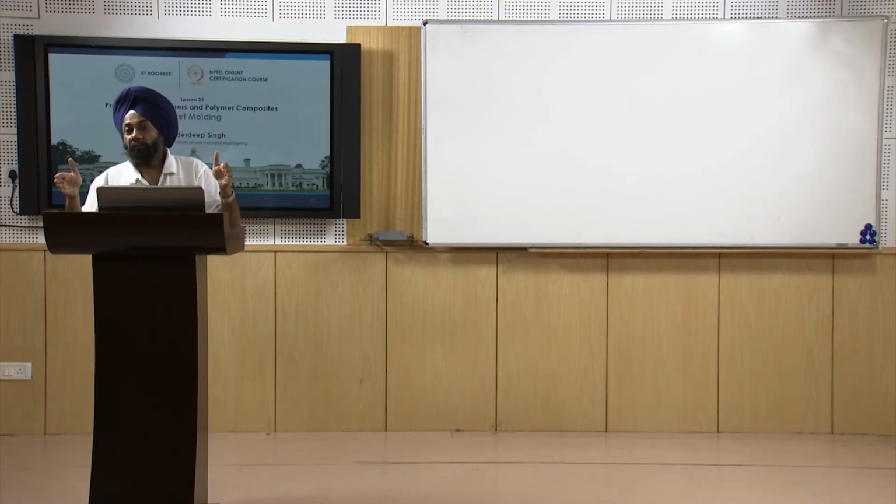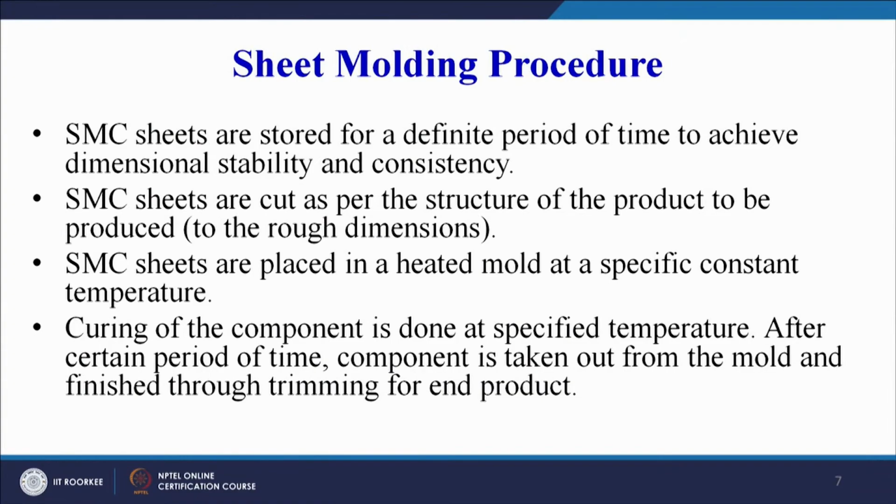So the curing process may take longer time, but during the process also partial curing must happen. So SMC sheets are cut as per the structure of the product, maybe to the rough dimensions, because later on we have to trim the part finally.